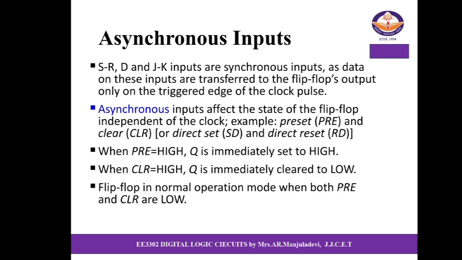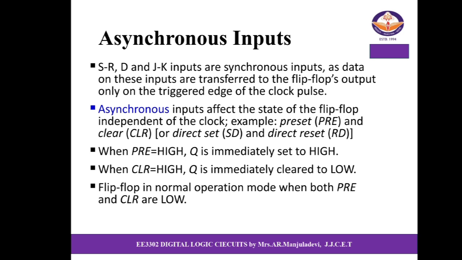Now we are going to see about asynchronous inputs. SR, D, and JK inputs are synchronous inputs. These inputs are transferred to the flip-flop outputs only on the triggered edge of the clock pulse. Asynchronous inputs affect the state of the flip-flop independent of the clock. Examples are preset and clear.